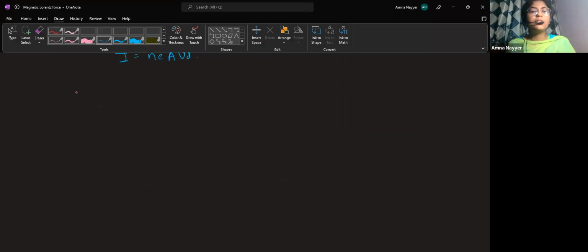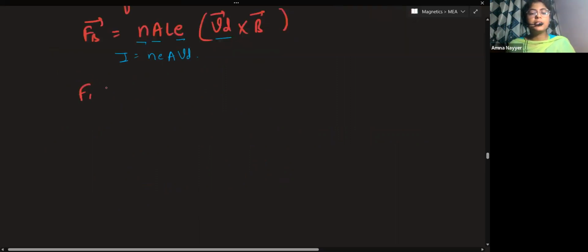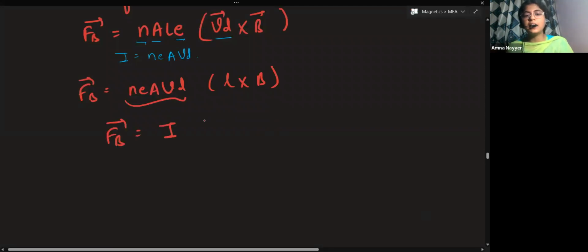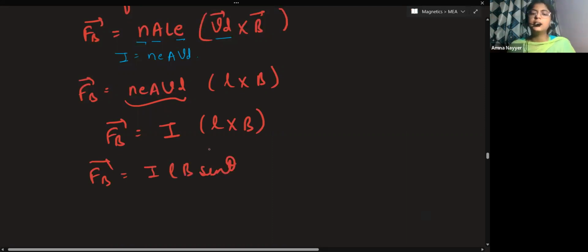So the whole formula will become FB. I'll write neA Vd together and I'll write L cross B here. So this I'm writing as current. So total force becomes I into L cross B. So FB is also written as ILB sin theta.